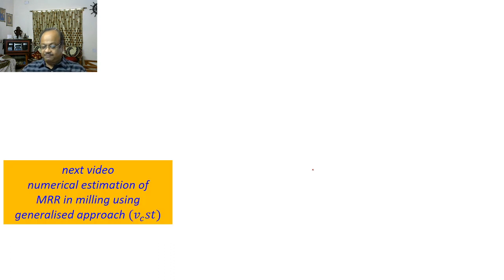So what are we going to do in the next video? In the next video we are going to show, by numerical estimation of MRR in milling, using the generalized approach and the approach which says it is equal to B into T into SM.